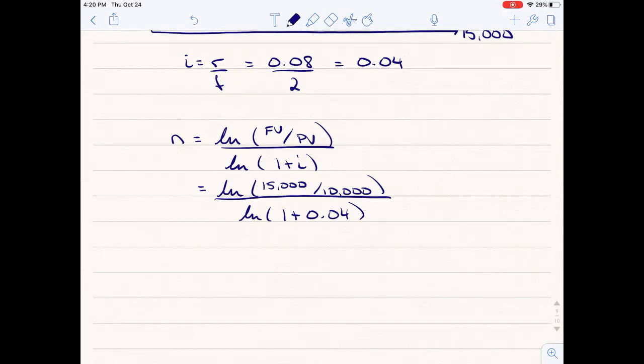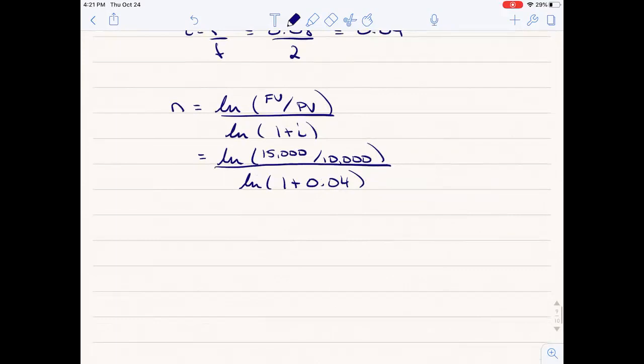Let's simplify inside the logs before we actually take the log. 15,000 divided by 10,000 is 1.5, so the log of 1.5 over the log of 1 plus 0.04, which is 1.04.